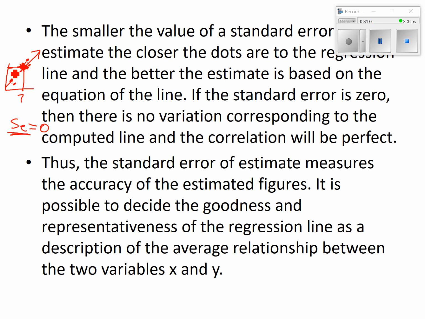In other words, we're deciding how good and how representative of the data, or of the entire population, our regression line is, and how it actually describes the relationship between the two variables, the x and the y. It doesn't always have to be x and y, that's just what we use most of the time.